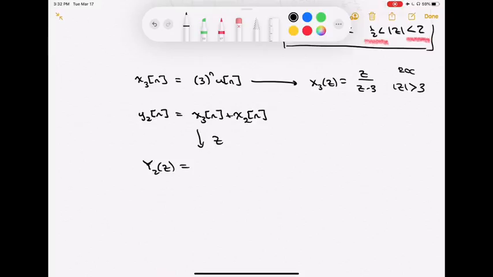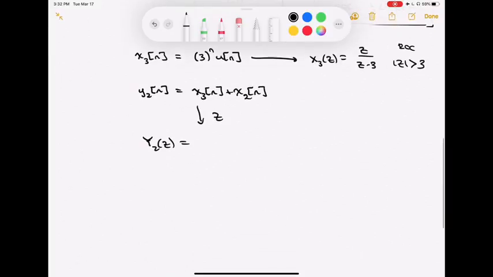Linearity should be kicking in, so I should get the result from my x3, that is z over z minus 3, and the other one is going to be what? It's z over z minus 2. The first one had a region of convergence norm z greater than 3. The second one has a region of convergence norm z less than 2. And again, we need an intersection of those two conditions. What we notice is that the intersection is equal to the empty set.